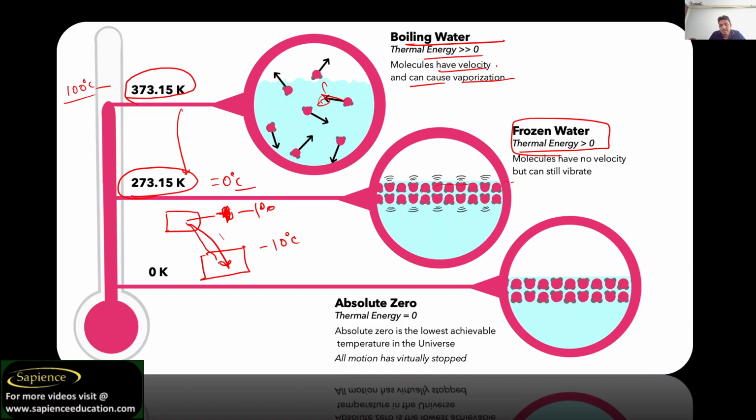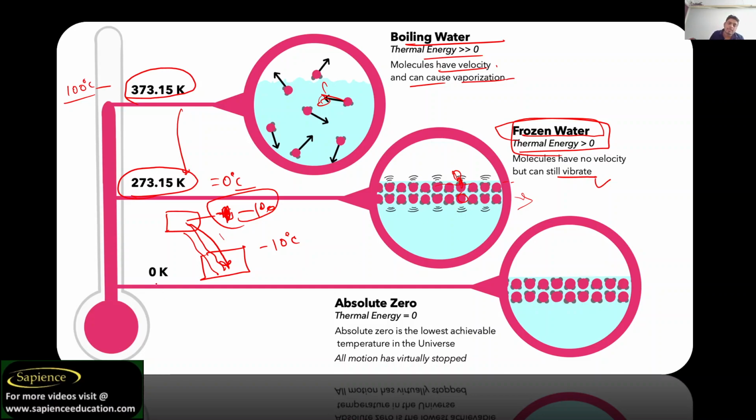So heat is still transferring from the higher level to the lower level in spite of being minus 1 degree Celsius. It means that it has some thermal energy. In the frozen state, molecules have no velocity but can still vibrate. See here, the molecules are vibrating at least. So due to vibration, it has thermal energy.